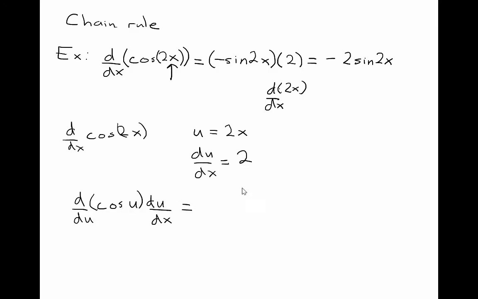The derivative of cosine of u with respect to u is minus sine u. Then we multiply that times du dx, which we already found is 2. So we get minus 2 sine u. At this point, you have to remember to plug u back in. So we get minus 2 sine 2x. These are two different ways of finding the same derivative.